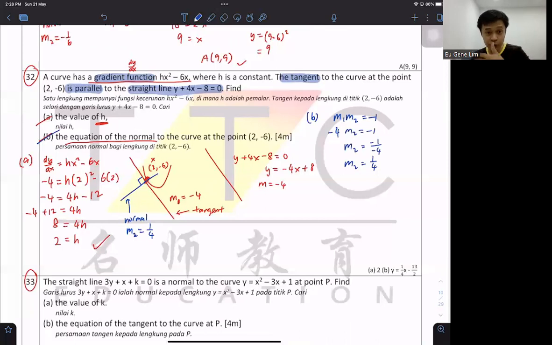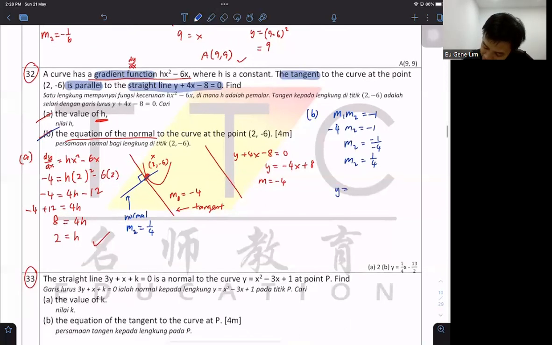So now you can do the equation y equals mx plus c. y is negative 6, the coordinate, the point. So y equals m, x is 2, plus c. You just calculate. Bring over, negative 6 minus 1 over 2 equals c.